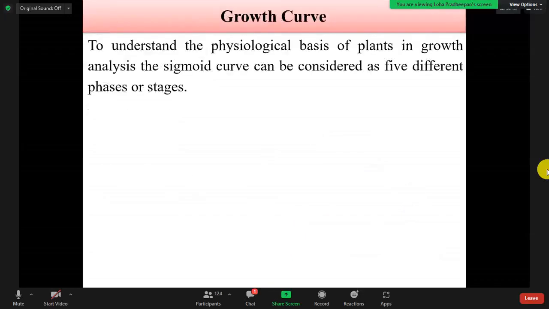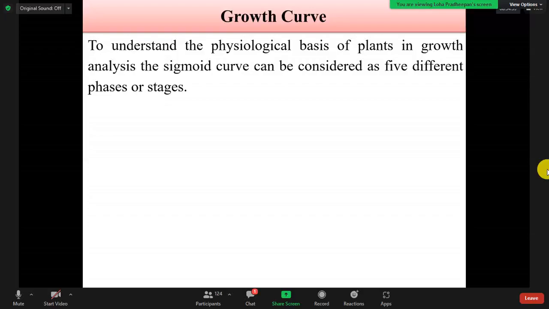So today we started to study the plant growth analysis. If we want to study plant growth analysis, we have to know what plant growth is and what plant development is. Growth is the irreversible change that is happening in the plant, that is measurable.